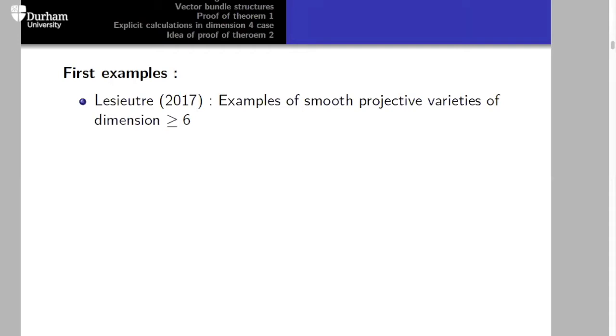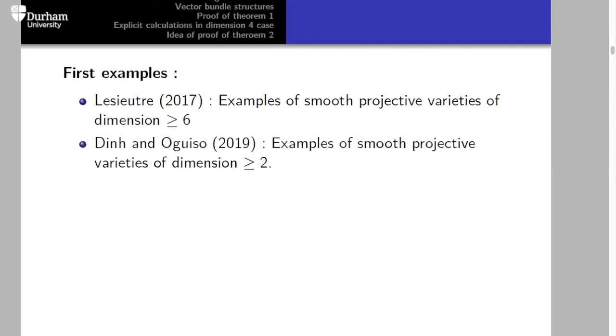Lesieutre in 2017 gave examples of smooth projective varieties of dimension at least 6. Dang and Oguiso published in 2019 examples that were based on the example of Lesieutre, but that they could make a little bit lower dimensional, and they found examples of smooth projective varieties of dimension at least 2.